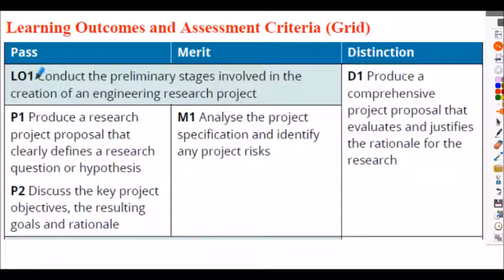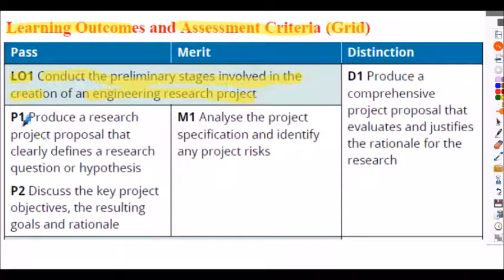Let's briefly review the learning outcomes and assessment criteria grid that's given to us. There are 4 learning outcomes in this unit. Here's learning outcome 1. We're asked to conduct the preliminary stages involved in the creation of an engineering research project. There are 2 pass criteria we need to satisfy to pass learning outcome 1.